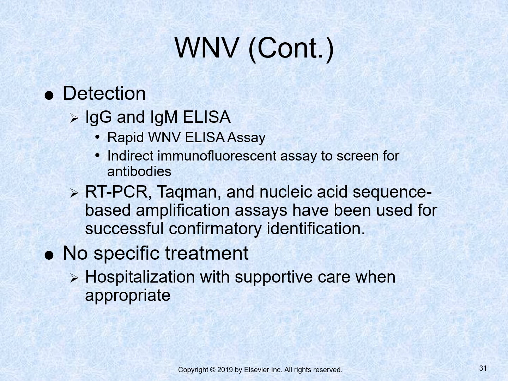Laboratory tests approved for detection of West Nile virus include IgG and IgM ELISA, including a rapid West Nile virus ELISA assay and an indirect immunofluorescence assay to screen for antibodies. West Nile virus ELISA assays can cross-react with other flaviviruses and should be confirmed by antibody neutralization.